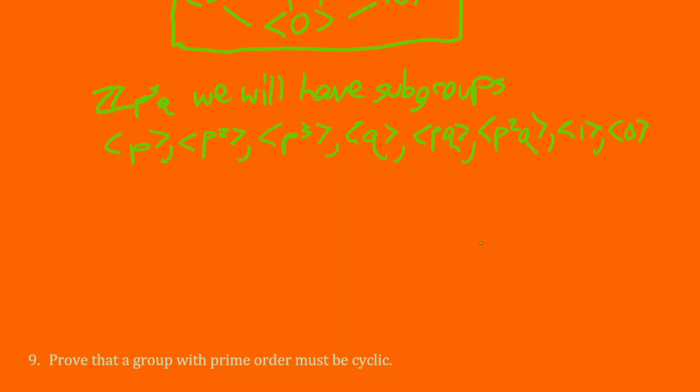So our new lattice is: start with our identity, and we can branch off this way.